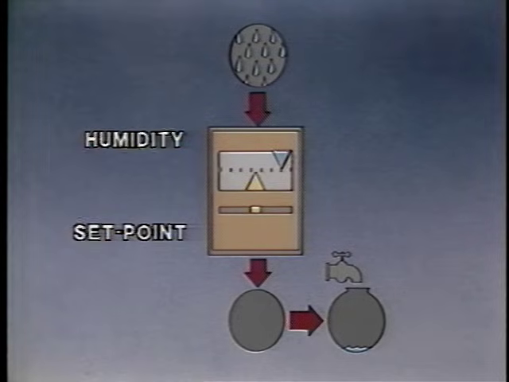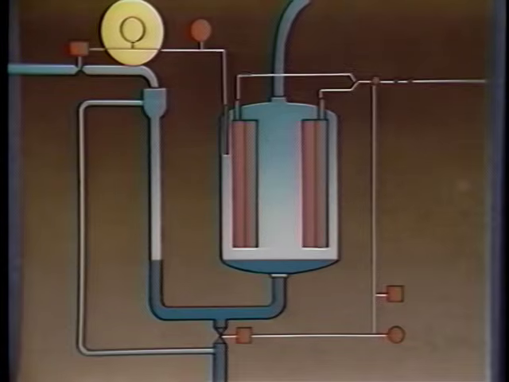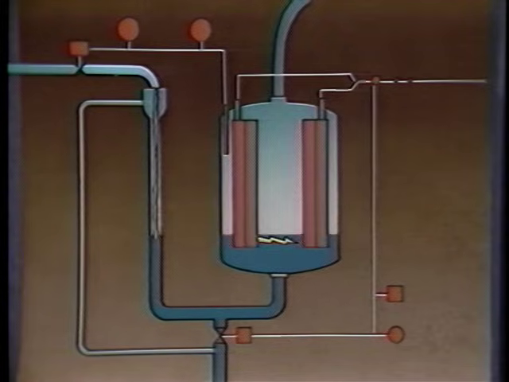The unit is supplied with a humidistat that uses a lithium chloride crystal pre-selected for a specific relative humidity range. When the RH at the humidistat falls below the set point, it generates a voltage that is proportional to that humidity difference. This signal is sent to an electronic controller which opens a fill valve, allowing water to enter the tank.